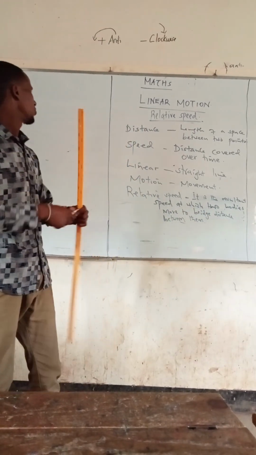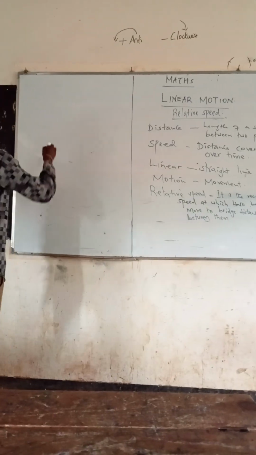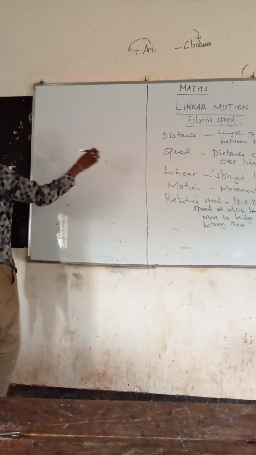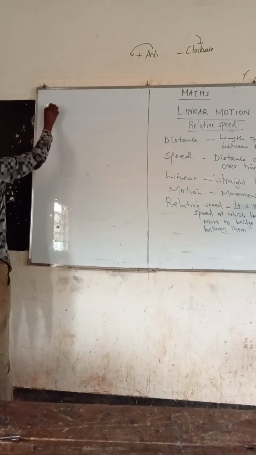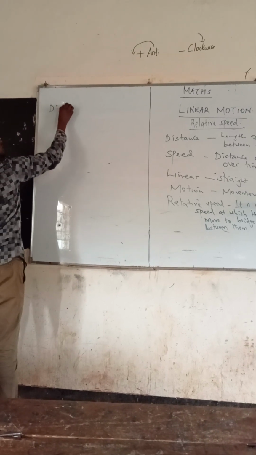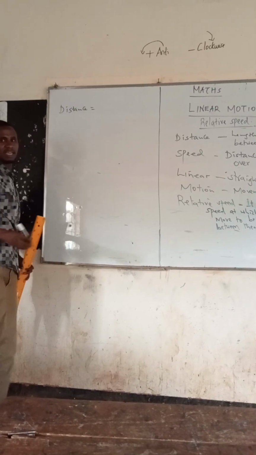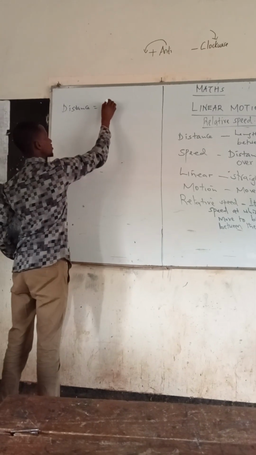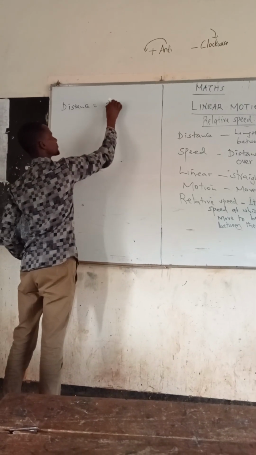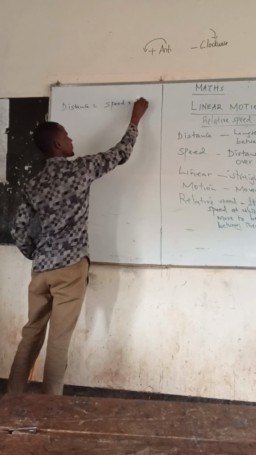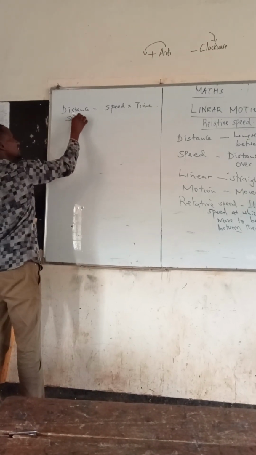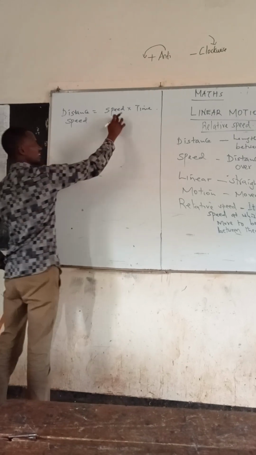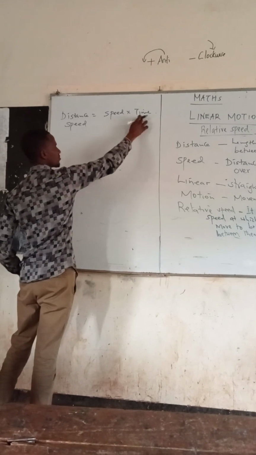And now we want to go directly to relative speed. Okay, we know that you have learned this in primary, whereby you're told distance is gotten by speed times time, and speed you get by making it the subject, dividing both sides by time.